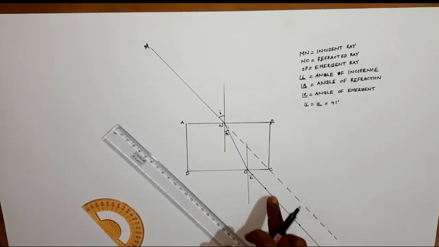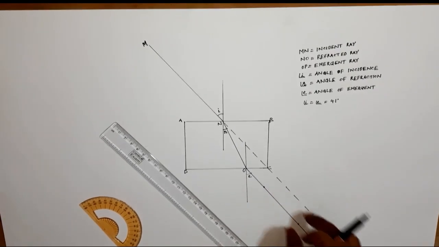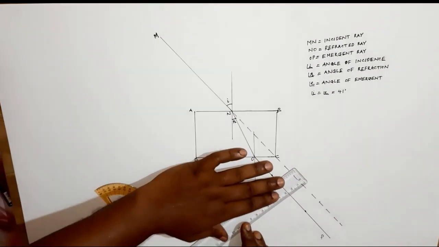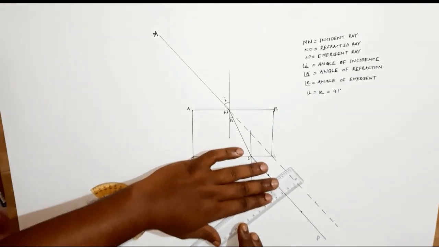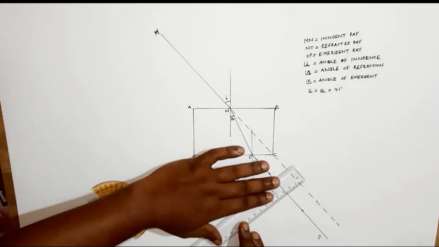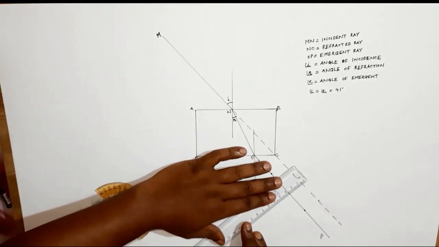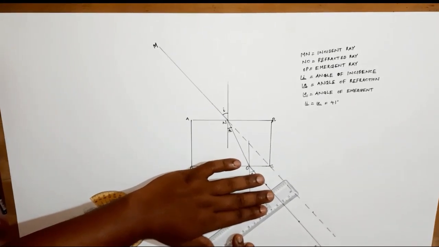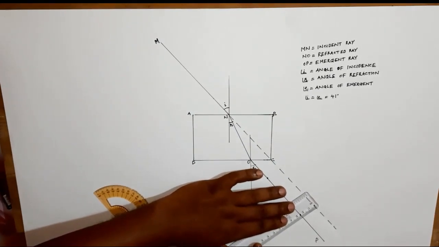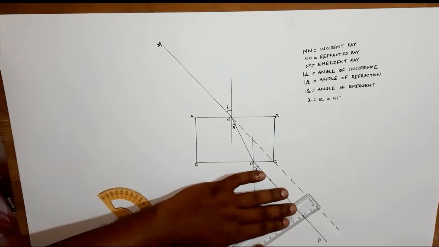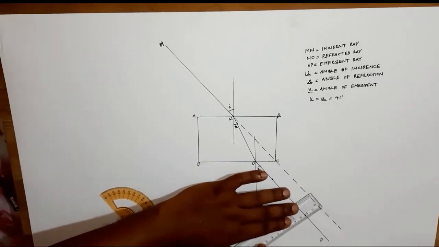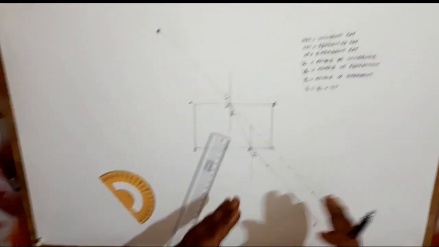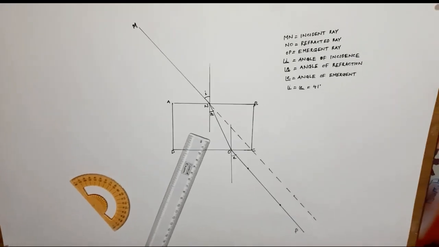Again after refraction, are the incident ray and emergent ray both parallel or not? You can see, measure the perpendicular distance between them. Here it is coming 2.1, here also you see it is coming 2.1. So everywhere the distance is the same, which means both the lines are parallel.